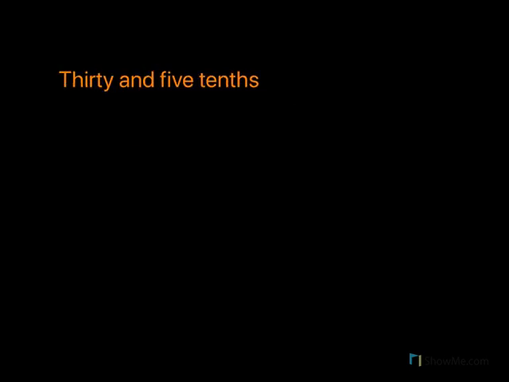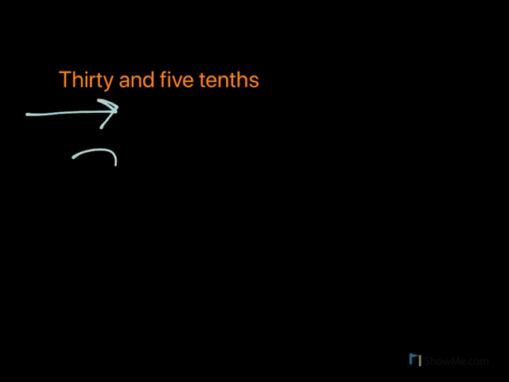We have 30 and 5/10. Two things stand out to me. The word and, and tenths ends in THS. So if I see the word and, I know anything before and is a whole number.